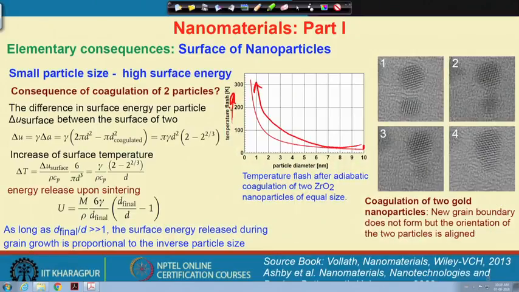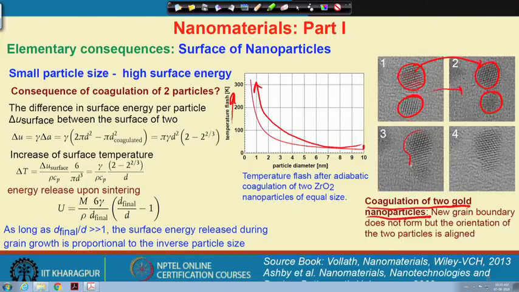Here I also show you an image where coagulation occurred in the case of two gold nanoparticles. You can see that this is a gold particle and this is another gold particle. After some time during the coagulation process they come very much closer. However, you can see that the orientation has changed. Here the atomic planes were aligned with the incident electron beam, and here this is differently oriented.